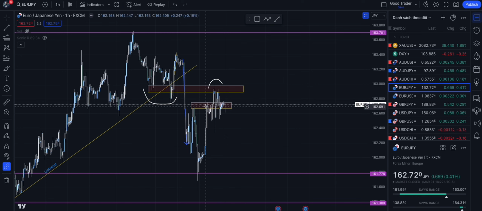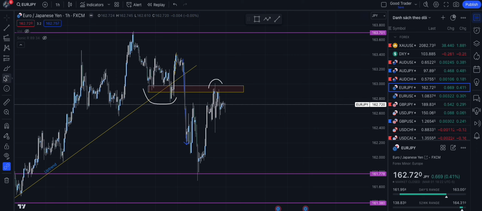So you can see the price has retraced to the lows where it breaks, and also it has been rejected. So I am looking for a selling opportunity around the area.